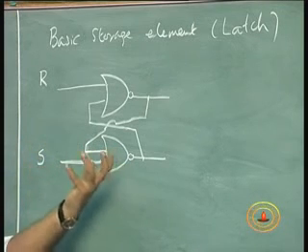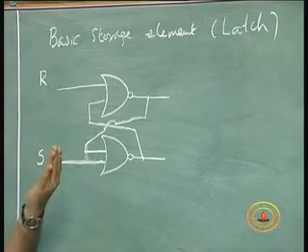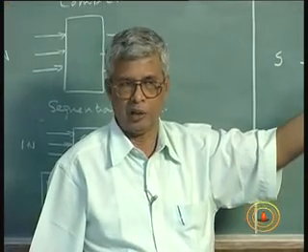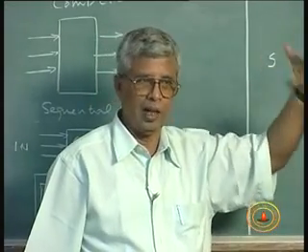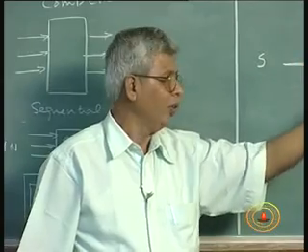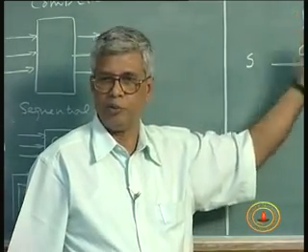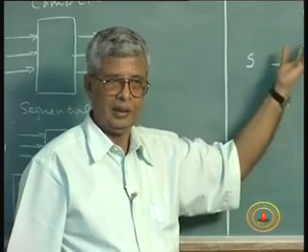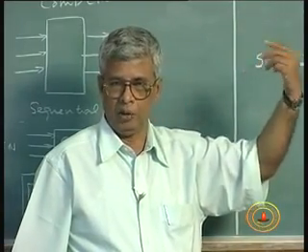Memory is feeding back, putting the values back into the system. Memory is nothing but a feedback concept, chewing on what happened earlier. That's what a memory does. The feedback is built in, so it should act as a latch to store a bit, either a 1 or a 0.